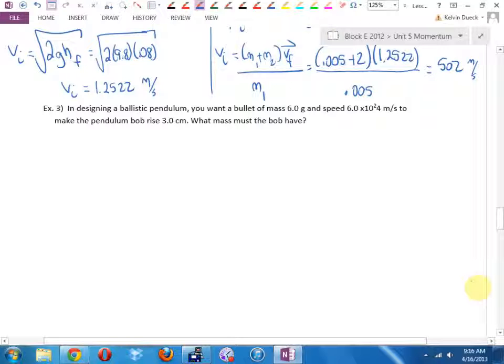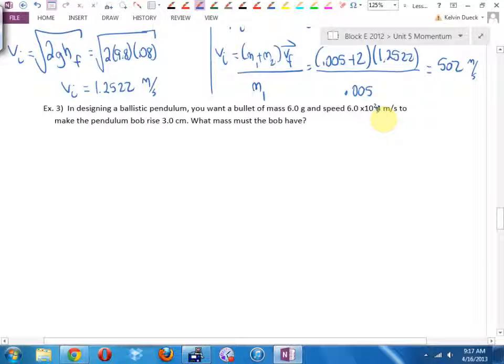Example 3. I wrote here, in designing a ballistic pendulum, you want a bullet of mass 6 grams and a speed 6 times 10 to the second. I don't think that 4 should be there. Scribble that out.